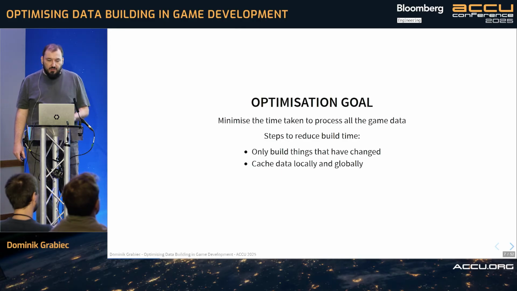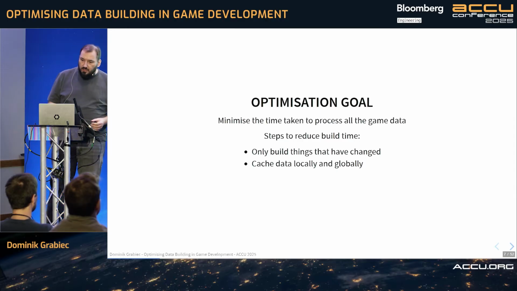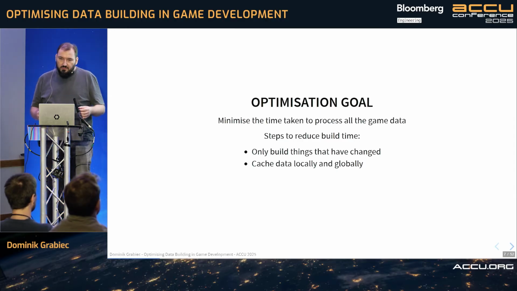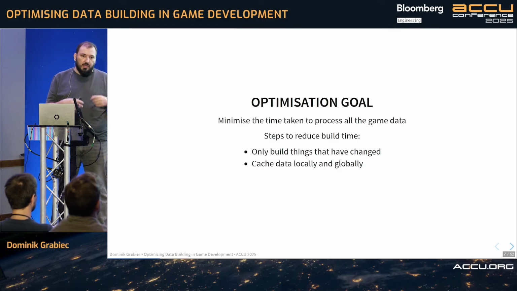And there are two types of caches that you can use. There's what I call processing caches, which are used internally during data building. These basically save on I/O and processing time. So you end up loading a bunch of, let's say, static world geometry and caching properties about that.